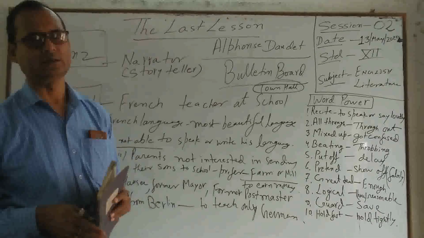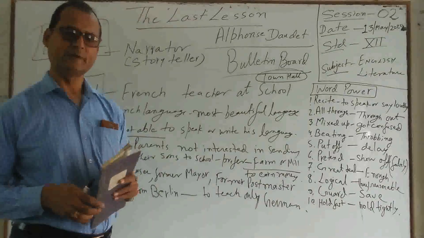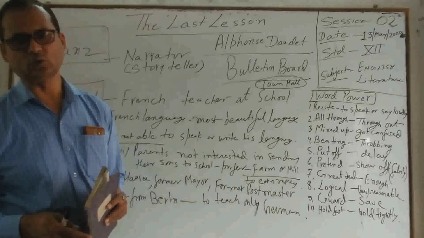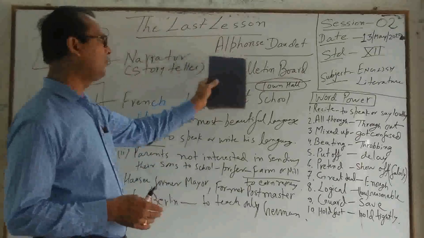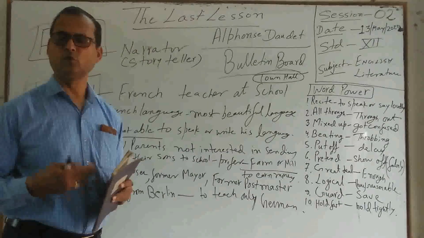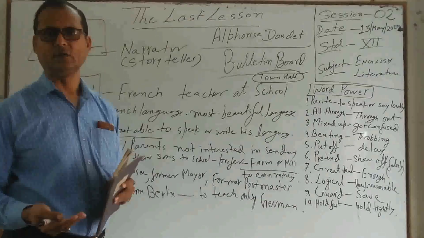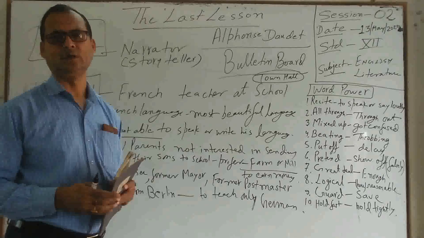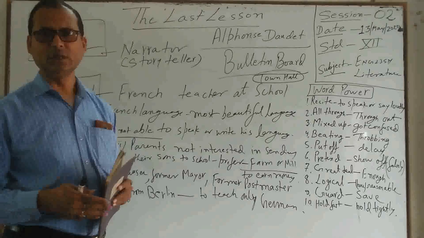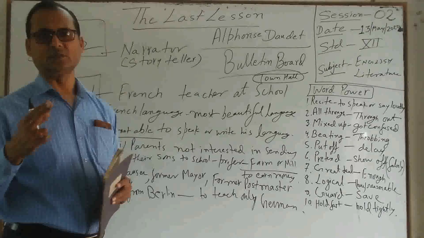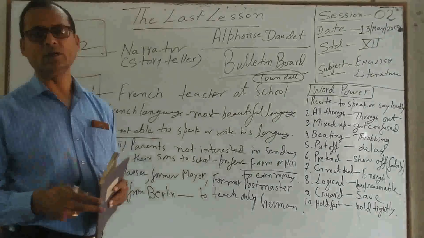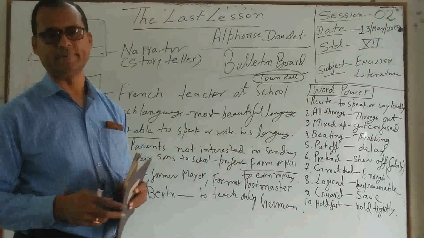And in fact, in these schools, especially in education, the writer Alphonse Daudet has tried to present the effect of this authority, which means two districts went under the authority of the German, meaning the Prussian, army.